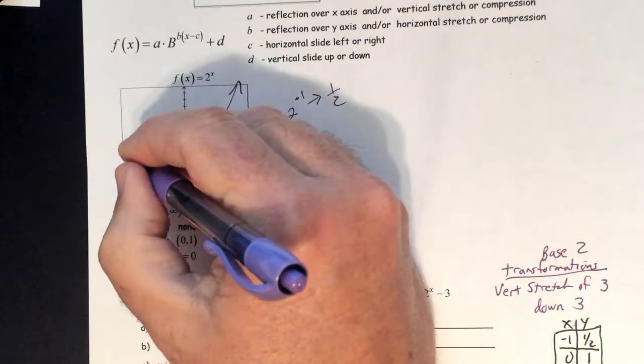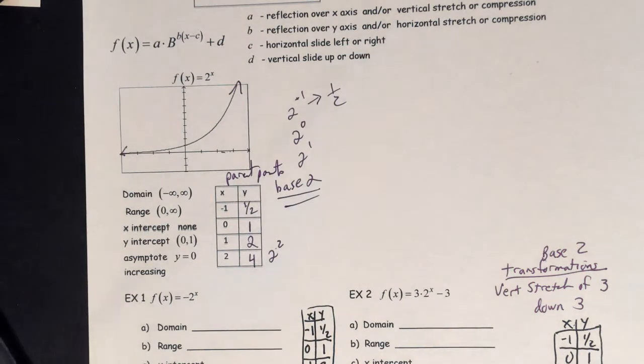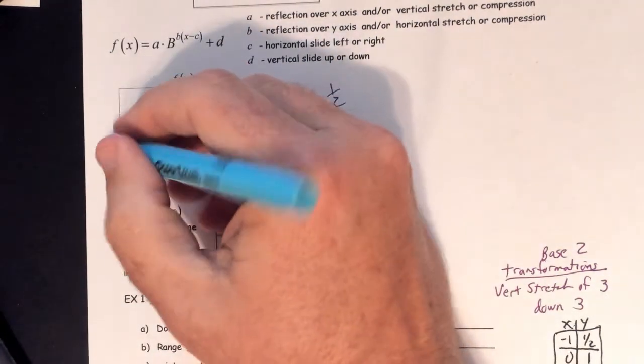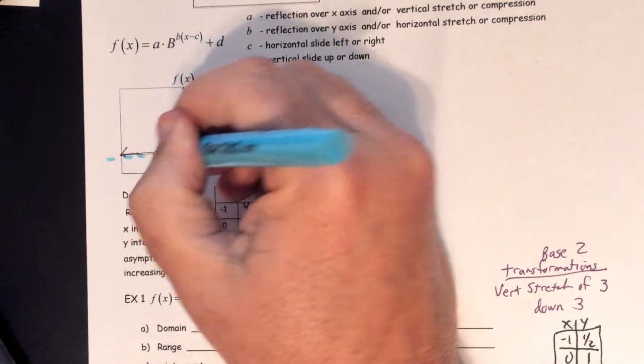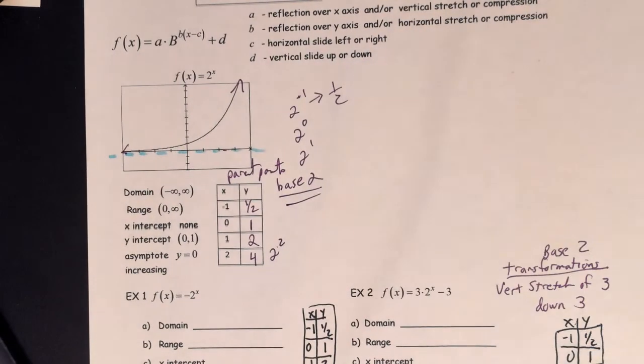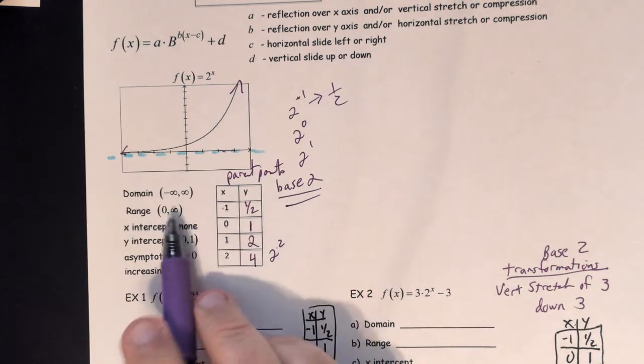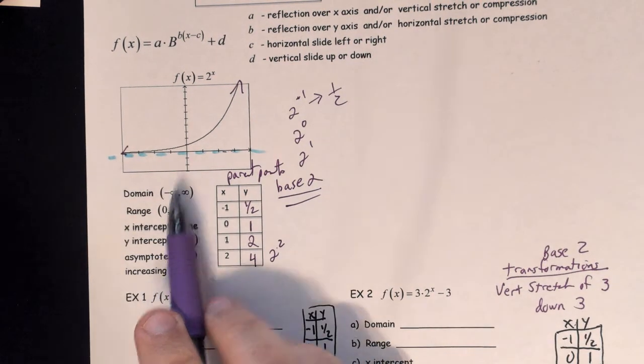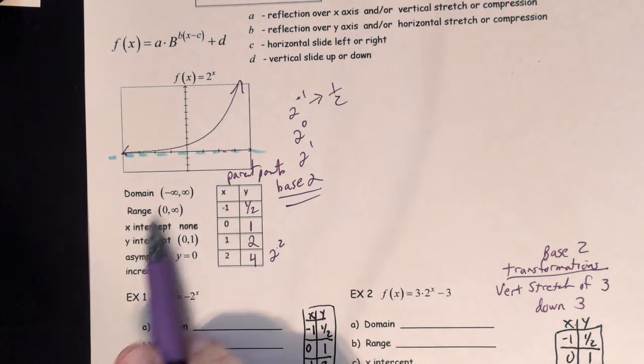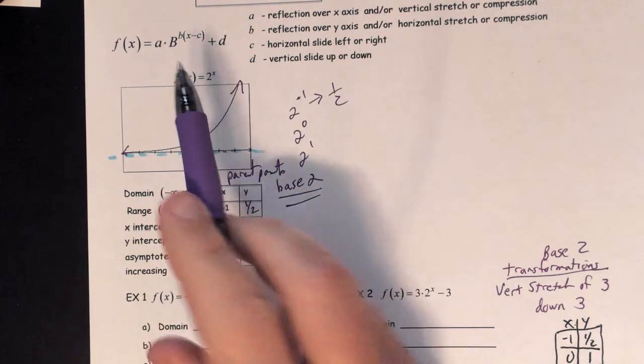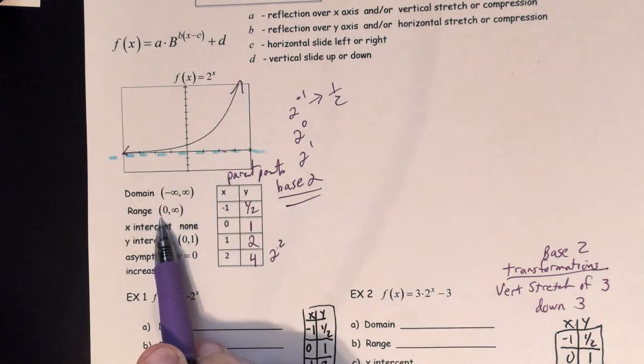As the x values get lower, you're going to have forever to the right and forever to the left, and you're going to have your horizontal asymptote right here at 0. So notice some of the things we see. Domain, all real numbers, left and right forever. Range from 0 to infinity, but notice we do not include 0.